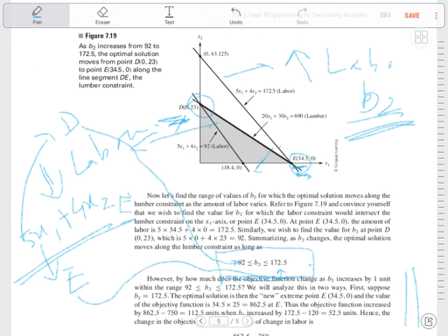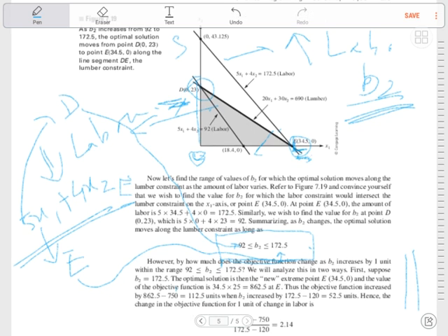It is the intersection of the lumber constraint and the new labor constraint. So you can see E is becoming an extreme point of the feasible region. What is the feasible region now? Not OESO but OEDO, this one. So this is your extremal point in that case.